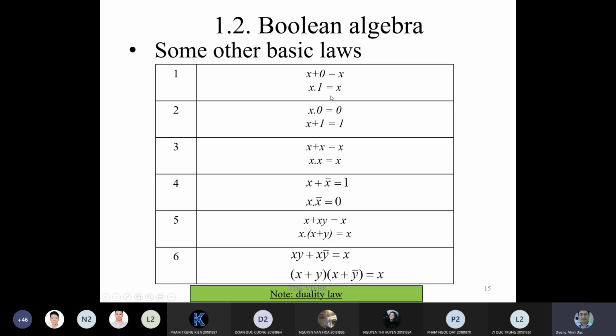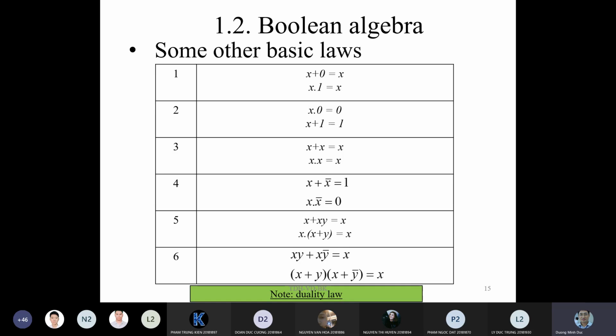So the second expression is called the duality of the first expression. And the property is that if the first expression is true, then the second expression is also true. So this is the duality property.